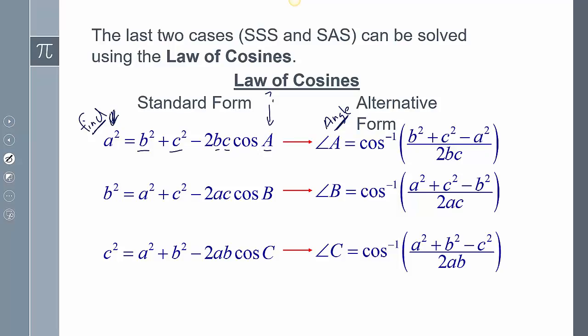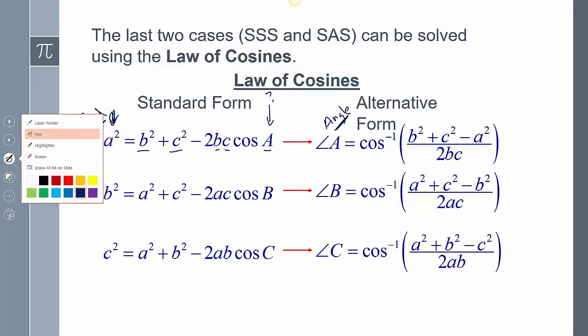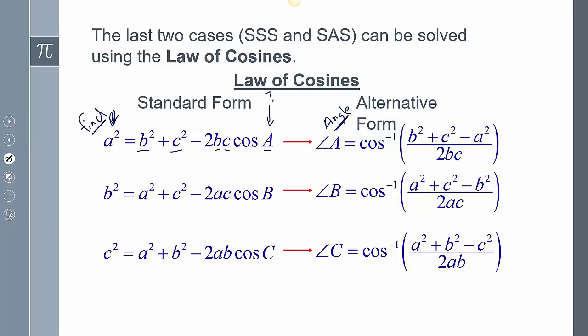The last thing we have to pay attention to is our parentheses. When we enter this into our calculator, you can technically just enter this entire statement, and then eventually you're going to have to square root it.